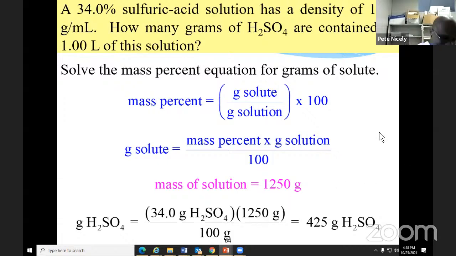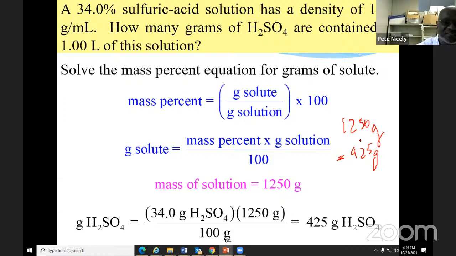In fact, let me calculate the amount of water that you would add. The amount of water you would add would be equal to 1,250 grams minus 425 grams.